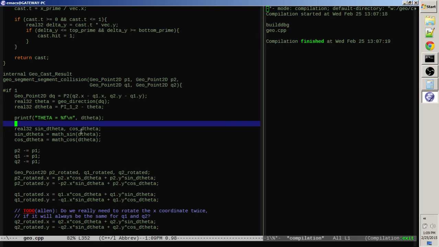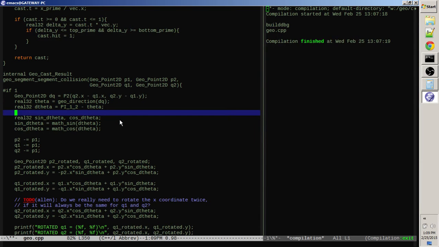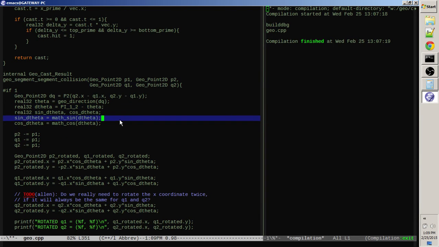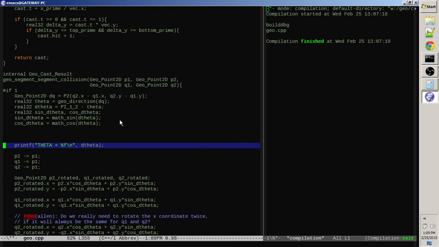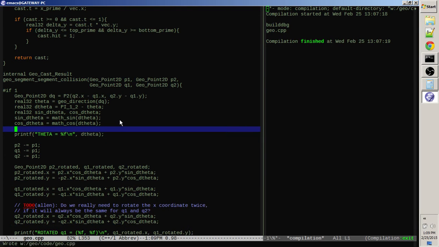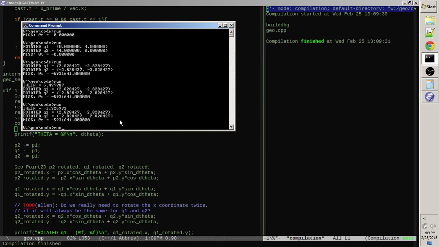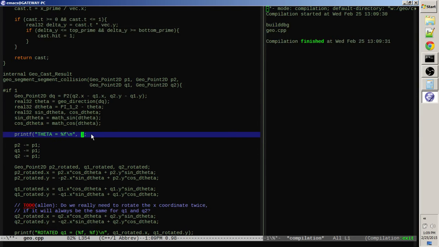D theta. Take the sine and the cosine of each. Or of d theta, that is. So what are the results for that? Actually, I want to get numlock off again. Oops, that doesn't help.